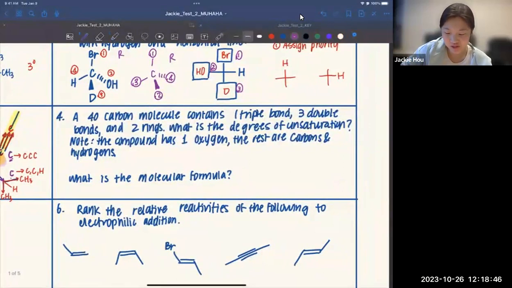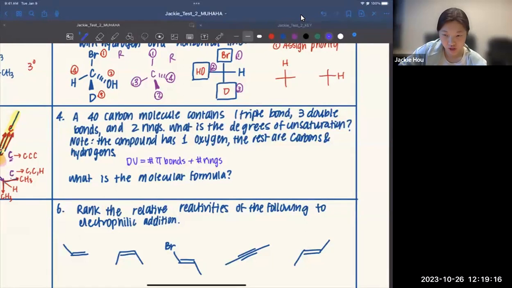Okay, this question. We actually had a variation of this one on a previous exam. So you might bring this degrees of unsaturation into this year's exam. We'll see. So I want to remind you guys that degrees of unsaturation can be calculated by the sum of the number of pi bonds plus the number of rings.